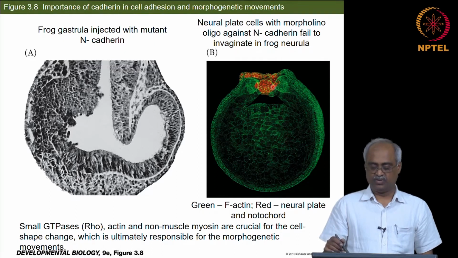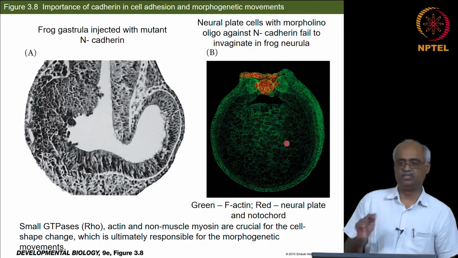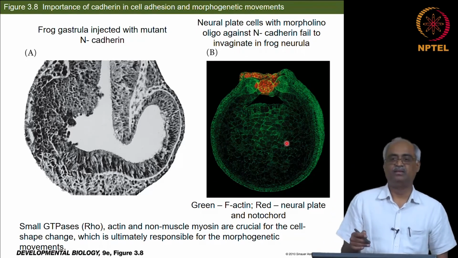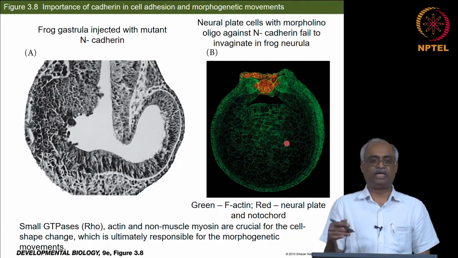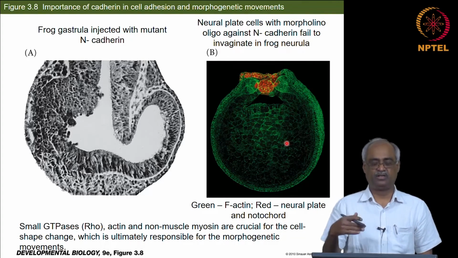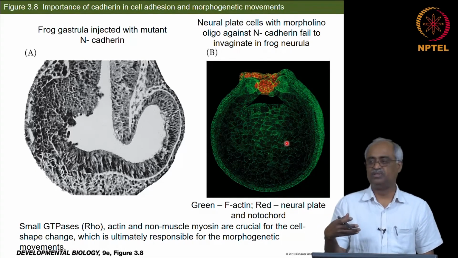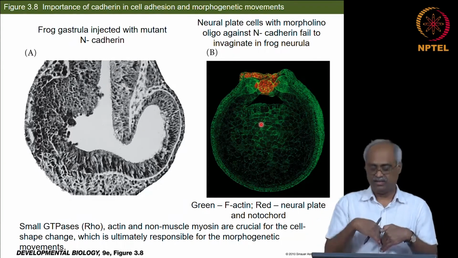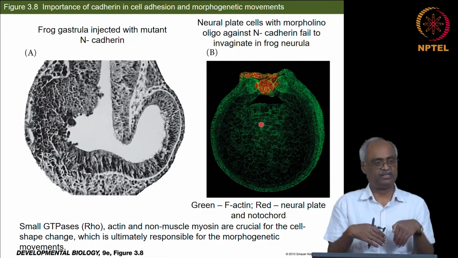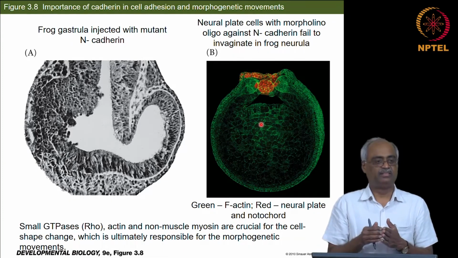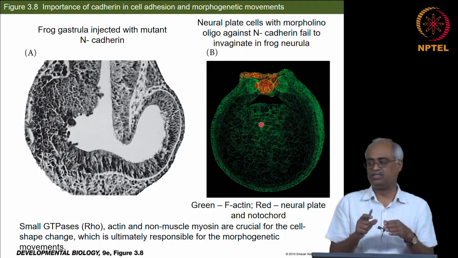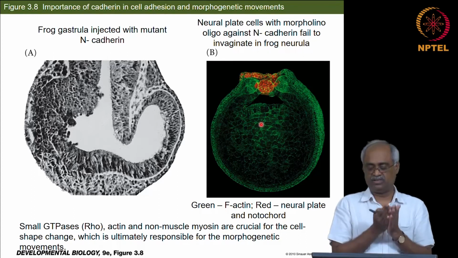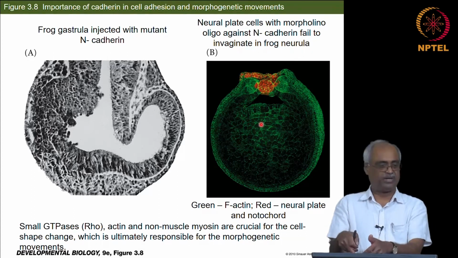One of the important steps where this cadherin differential regulation matters is where the cells need to migrate to bring in a new shape. One of them is this neural fold to make the neural tube, where cells are invaginating, they are going in. Then we will see other examples. For example, in Drosophila there is a ventral furrow formation where mesodermal cells migrate inward. Here it is ectodermal cells that are migrating.